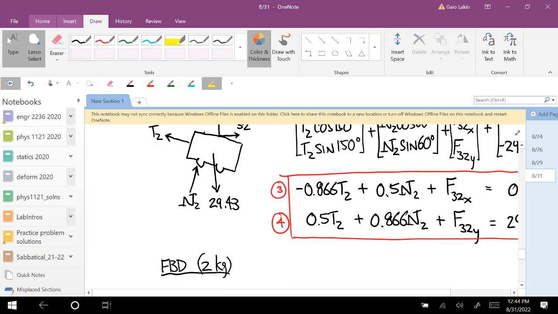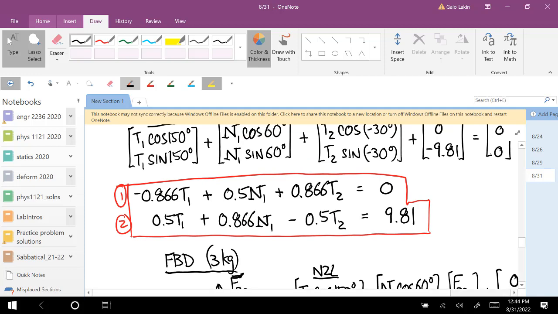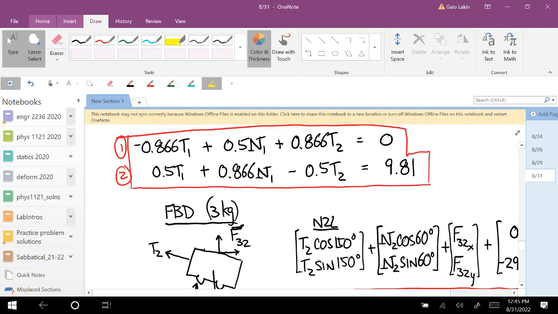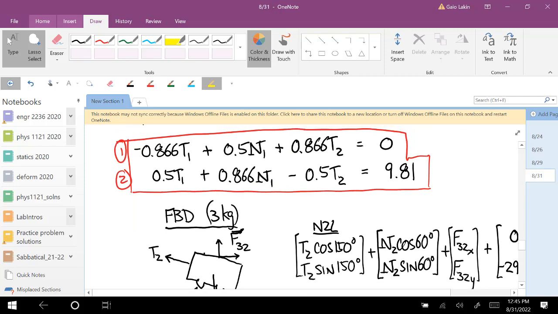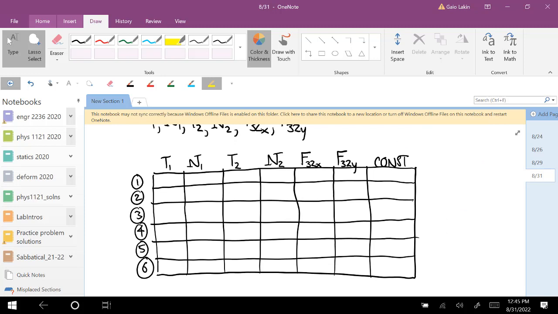So equation 1, can someone just read these out to me? Tell me the coefficients of these variables as I go through. So from equation 1, what's the coefficient of T1? Okay. N1? Okay. T2?